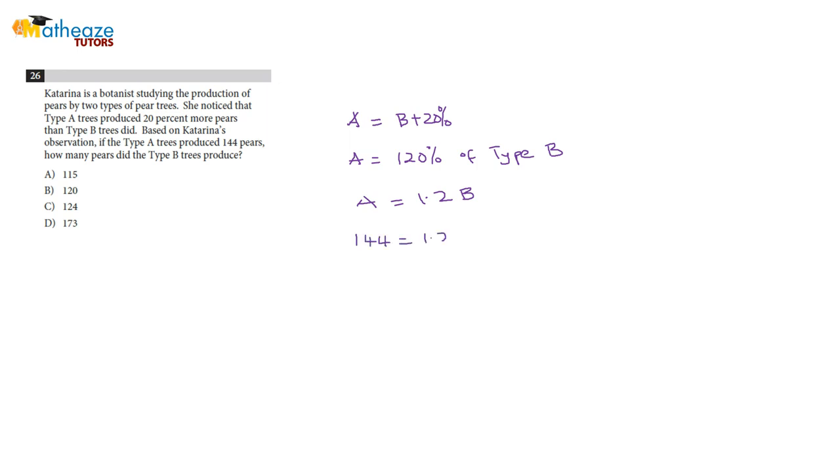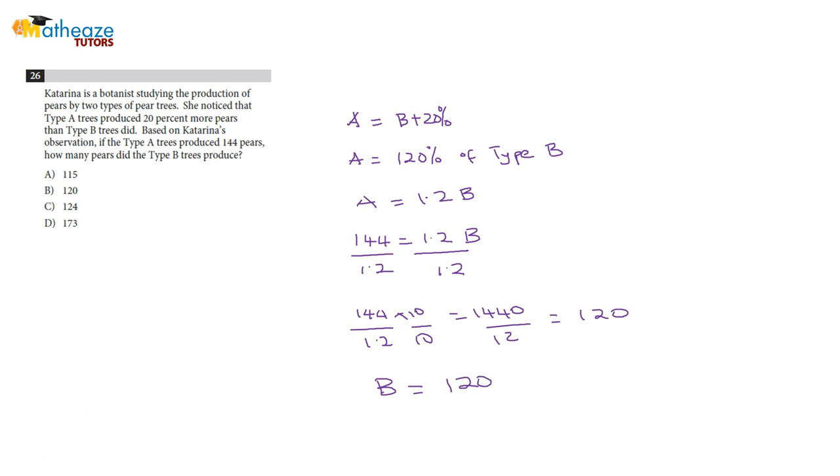We want to find out how many type B produced, so we're going to divide both sides by 1.2 to get the number of pears that type B produced. So we have 144 divided by 1.2. We're going to multiply both top and bottom by 10 to remove the decimal. So we have 1440 divided by 12, and this is going to give us 120. So type B produced 120 pears.